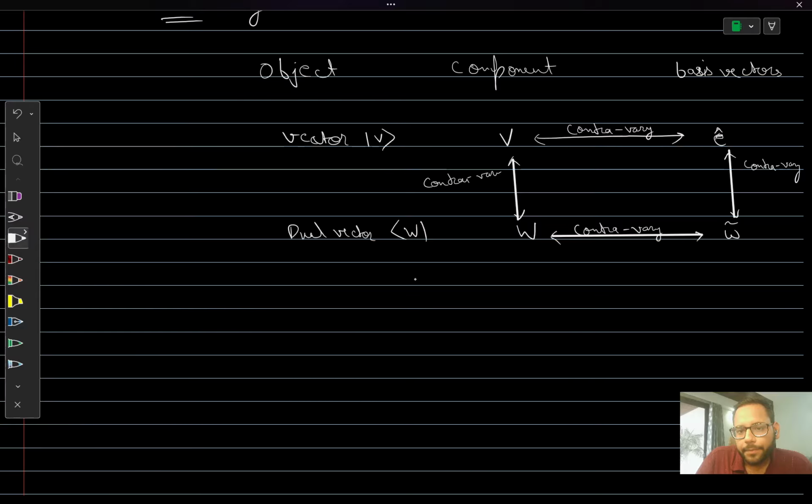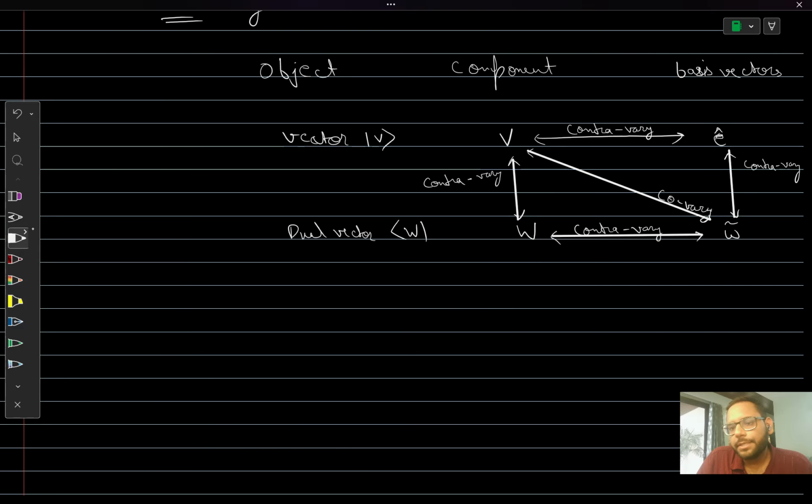To maintain the invariance under passive transformations, they vary oppositely. You can check that these two will co-vary, they will vary in the same fashion.